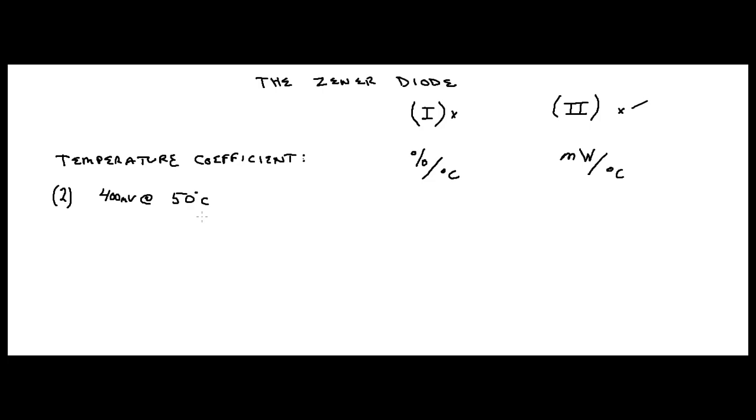This 25 degrees C is room temperature, so that's going to be warmer. And it has what's called a derating factor of 3.2 milliwatts per degree C. Get it?